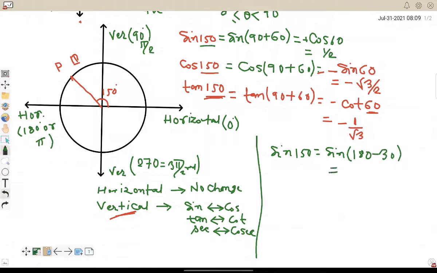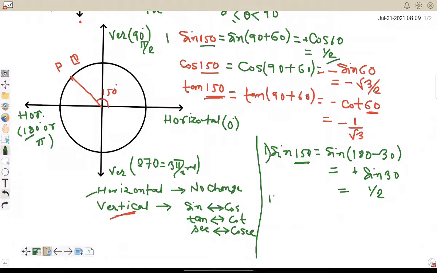This time we can check this one changes with the horizontal line, means 180 lies on the horizontal line here. So 180 minus theta, so sine remains no change here, sine will be sine only, so write sine 30. And what is the value of sine 150? Means 150 is positive, so write down here a positive sign. So what is the value of sine 30? 1 upon 2. So this is the first one, you can check these two answers are the same.